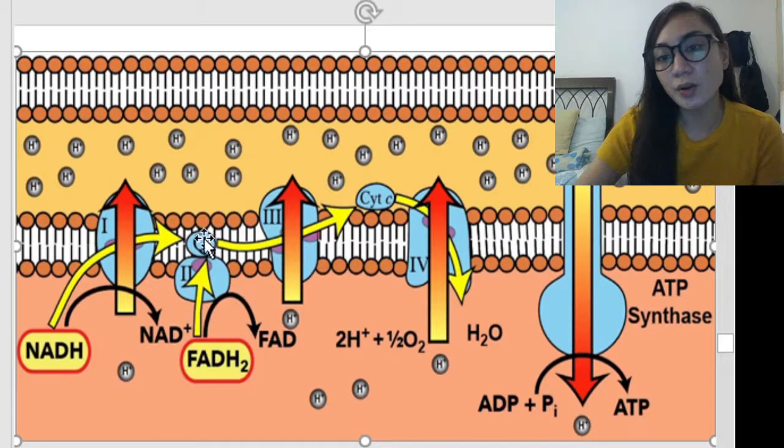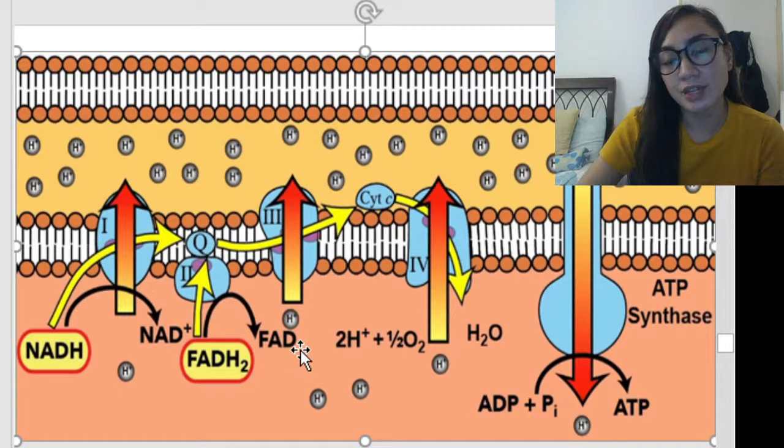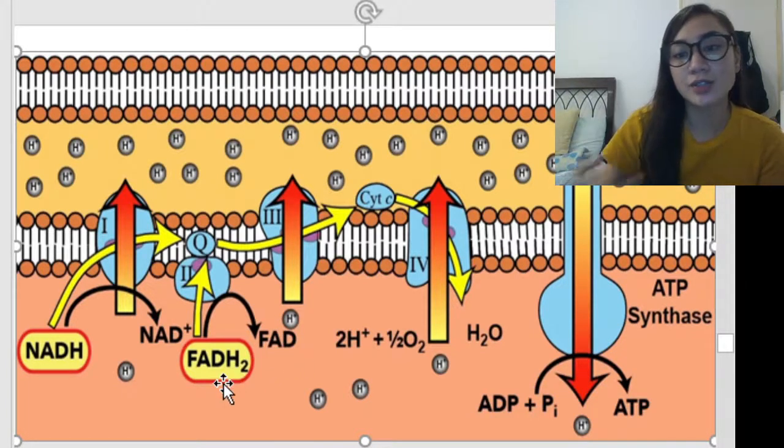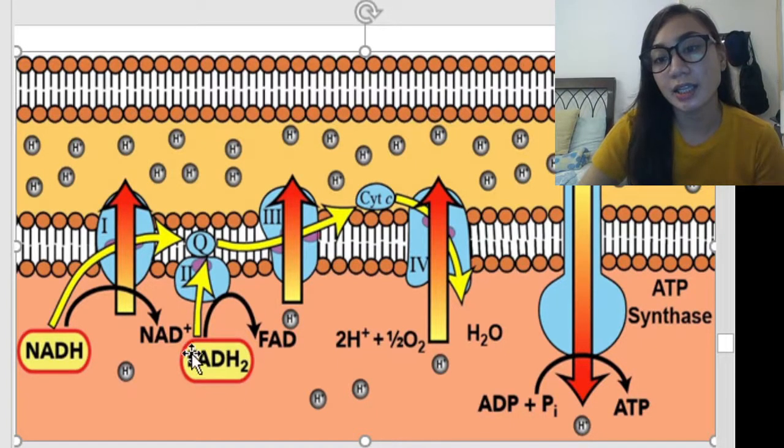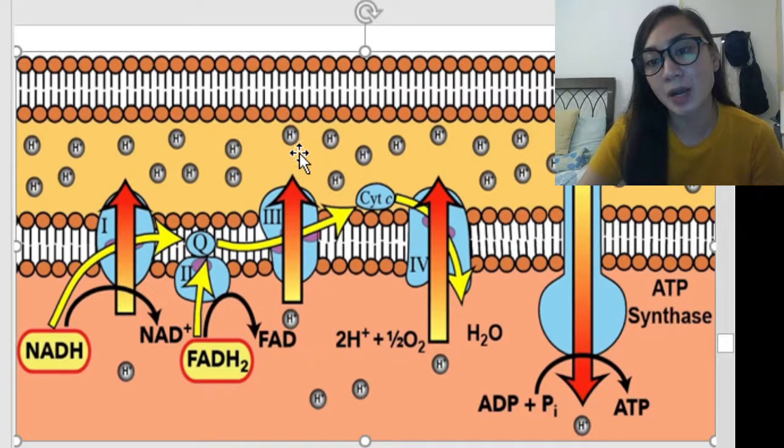Okay? So, in complex 2, yung FADH2 natin, it will be oxidized para maging FAD. So, meron tayong 2 hydrogen na matitira. No? And then, yung electrons niya, it will go through the ubiquinone. From ubiquinone, ita-transfer niya sa ating complex number 3, ang ating electrons. And then, sa complex 3, meron tayong hydrogen ions na mapapump up.